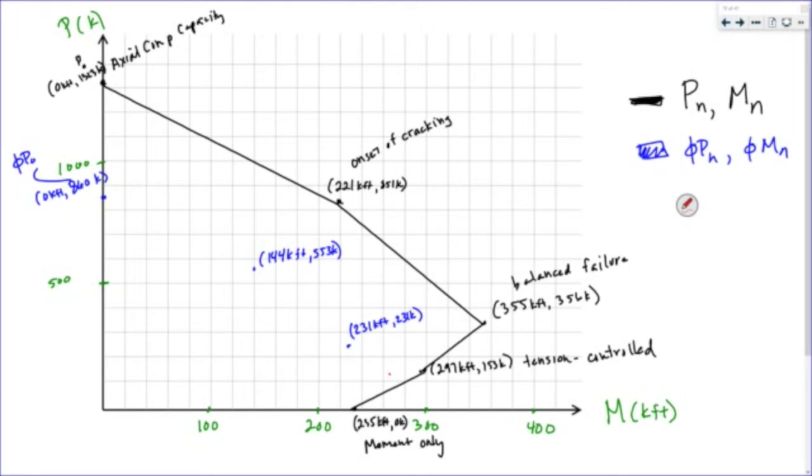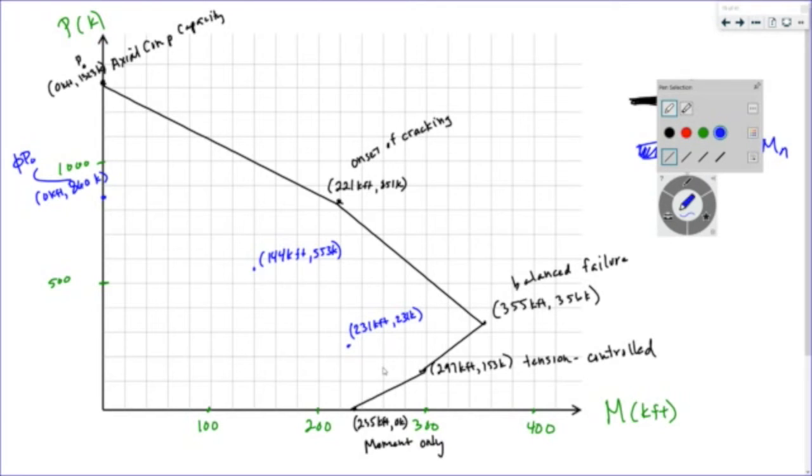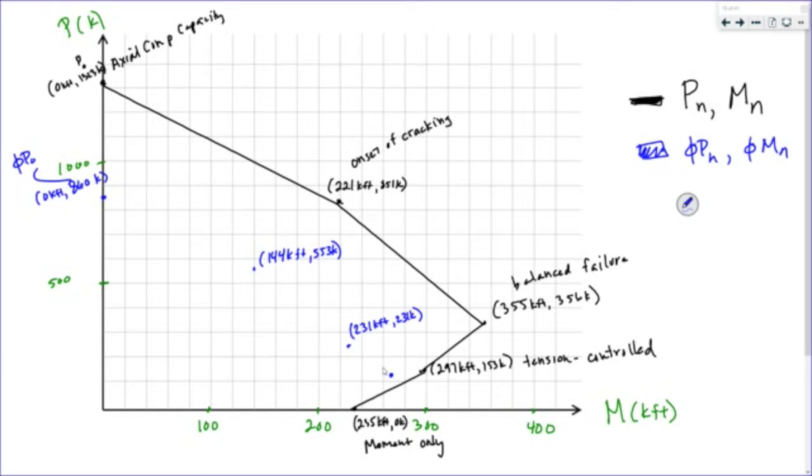So it's somewhere like, oops, I don't want to add, somewhere like right here. Yeah, 267 kip feet and 138 kips.